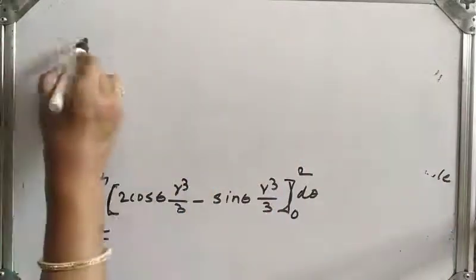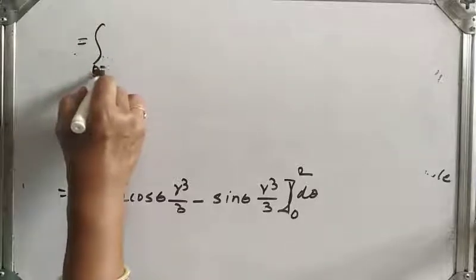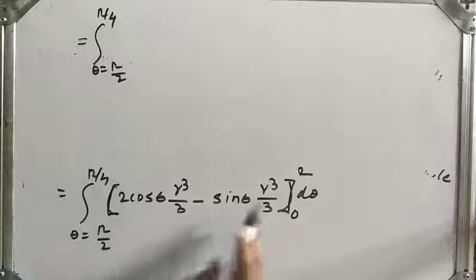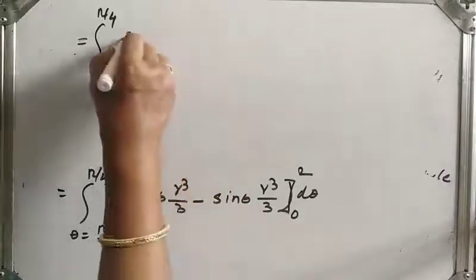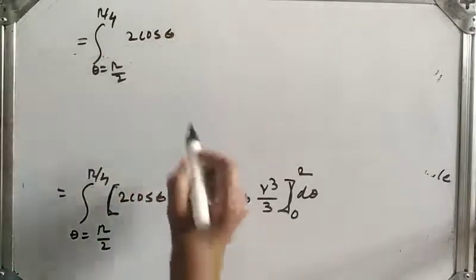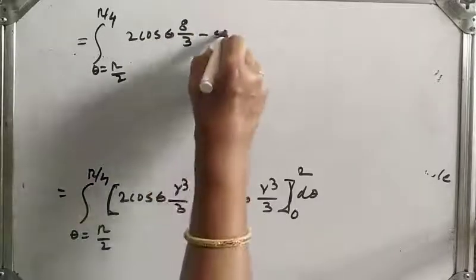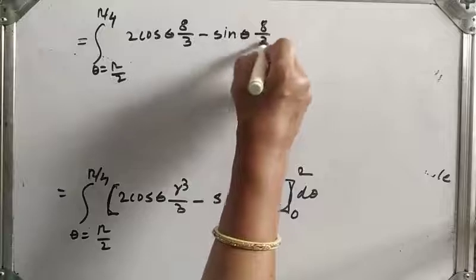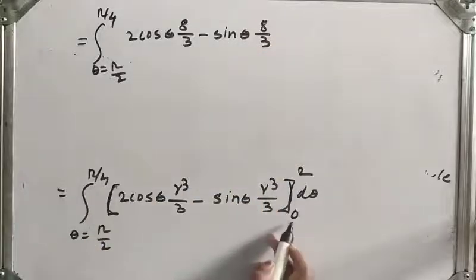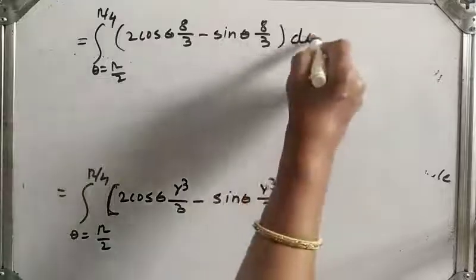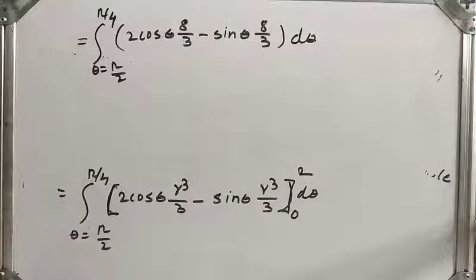So that will be equal to the integral over theta from pi by 2 to pi by 4 of 2 cos theta times 2 cube, that is 8 upon 3, minus sin theta times 8 upon 3, and the minus part will be 0, d theta.